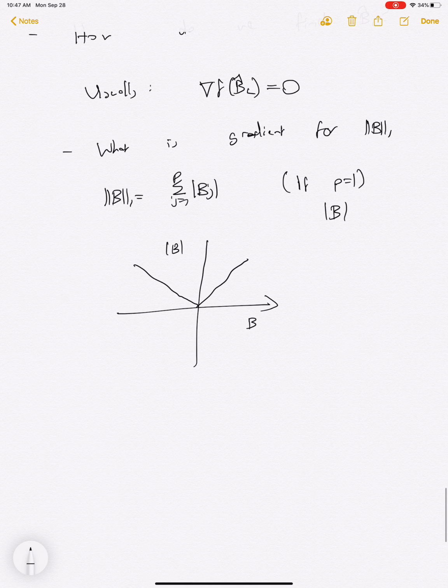And one thing to note is that it's clearly not differentiable, right? Because at B equals 0 we have this point of non-differentiability, which makes this not differentiable. So you can't actually take this gradient. Okay.